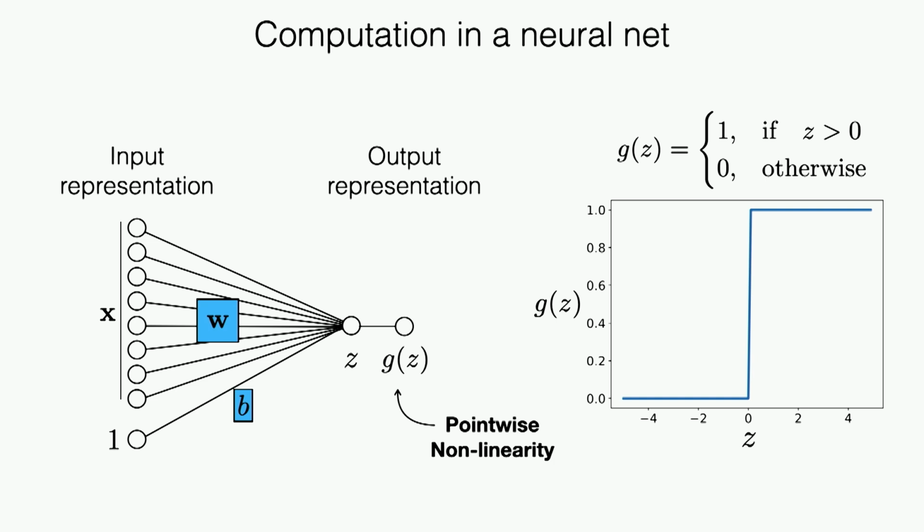Okay, and the one you might start with, the one that was in the perceptron, is a threshold. It just says if the weighted sum of the inputs exceeds a threshold, then we will have our neuron fire. We'll have our output fire 1. And if it doesn't exceed that threshold, it will output 0. So it's kind of like making a decision. It's deciding, am I on or off? It's like a binary decision.